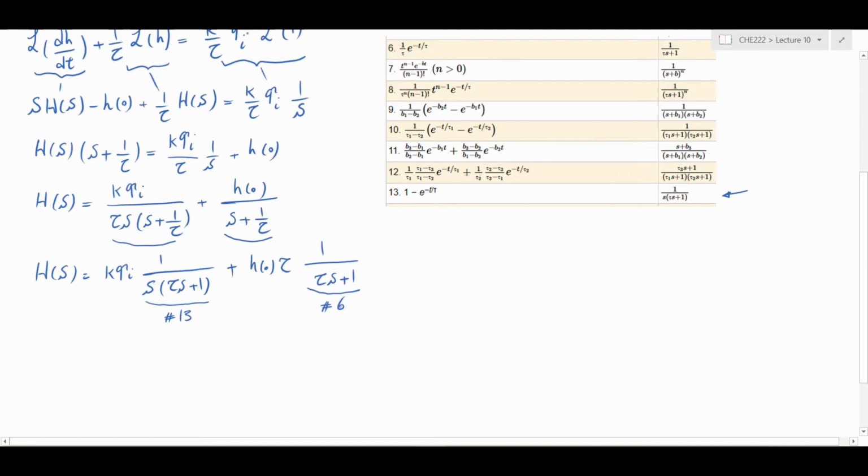So at this stage, we can take the inverse Laplace transform of the equation and convert it back to the time domain.